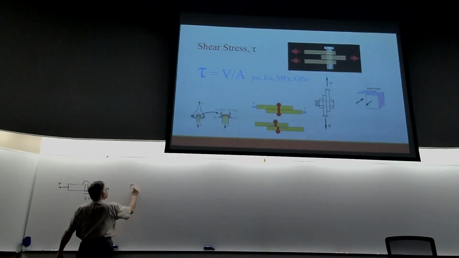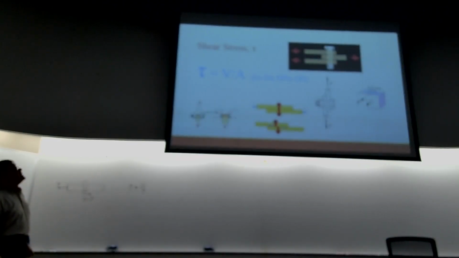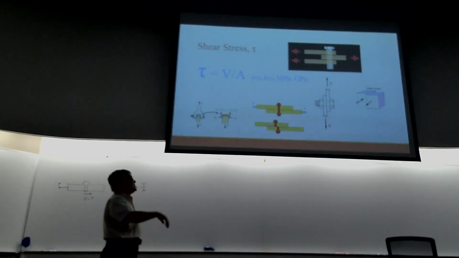And that shear stress tau is defined as V divided by A, where A is the cross-sectional area of the rivet. You see that equation in blue, and the units are clearly the same as sigma: PSI, megapascal, etc. And we had Hooke's law, which looks like this.